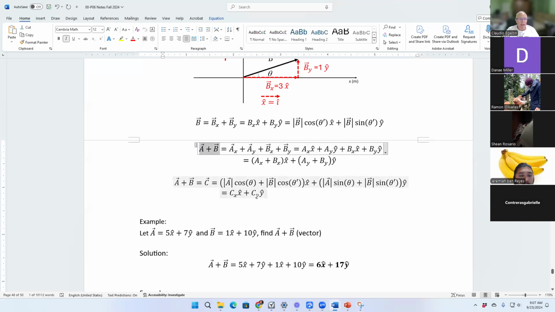A vector plus B vector. I write that in terms of the components. Now these two don't sum automatically because they're perpendicular to each other. Not just perpendicular, they have different directions. But if I combine the components that have the same direction, then it becomes easier to operate on them mathematically.